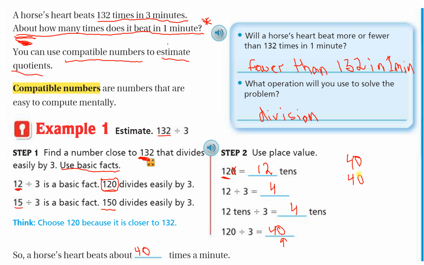Another minute passes, another 40. Another minute passes, another 40. So now we have 3 minutes passed. And if we add that up, we get to 120 beats in 3 minutes, which is close to the number that we were originally dividing, close to our 132. So yeah, 40 times a minute, that is a reasonable estimate.